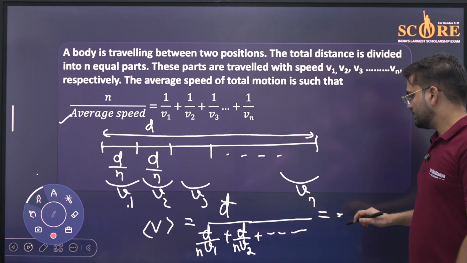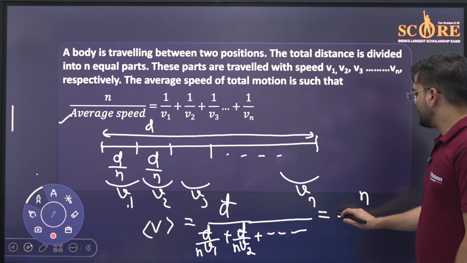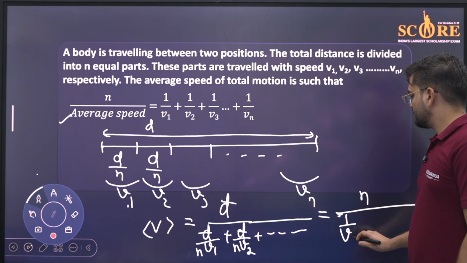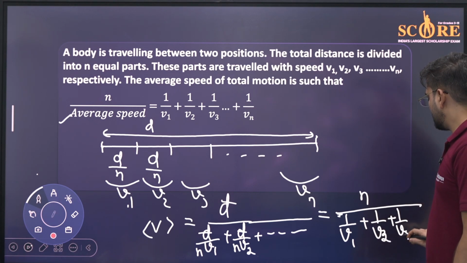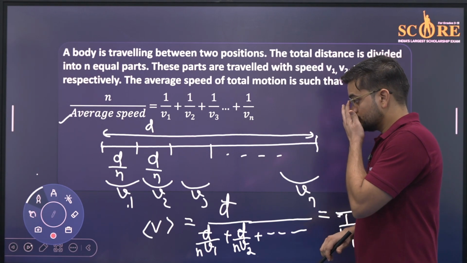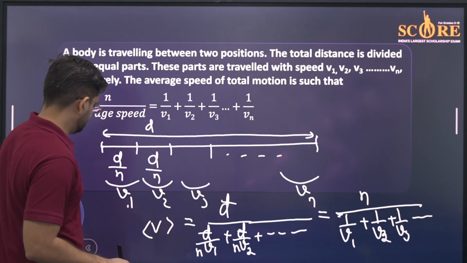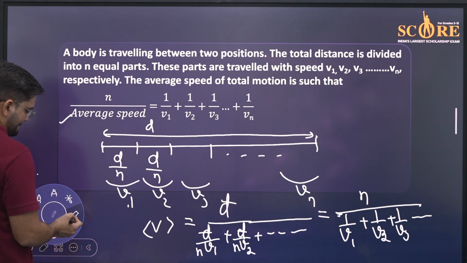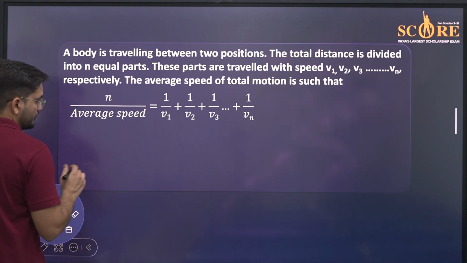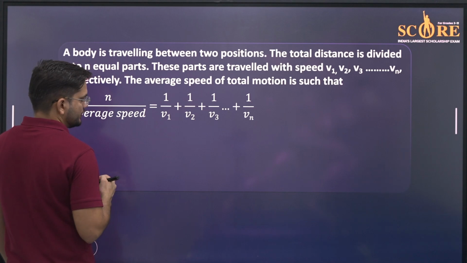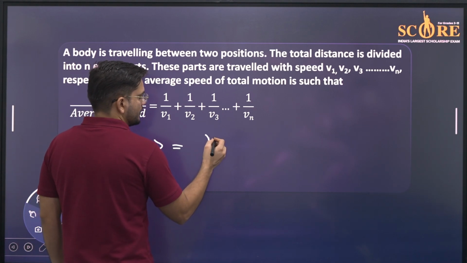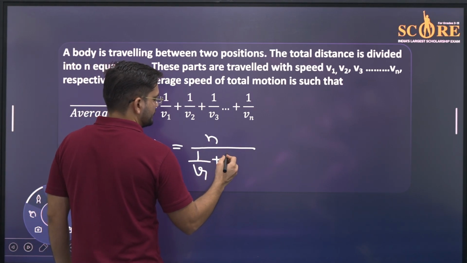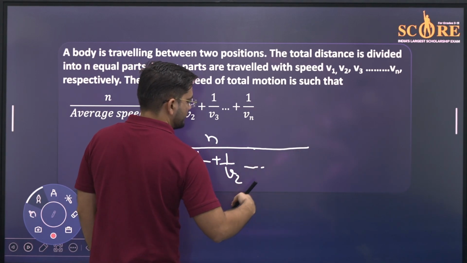So we can write n divided by 1 upon v1 plus 1 upon v2 plus 1 upon v3 and so on. So by further calculation, what we have achieved in the previous part, V average is n divided by 1 upon v1 plus 1 upon v2 plus 1 upon v3 and so on.